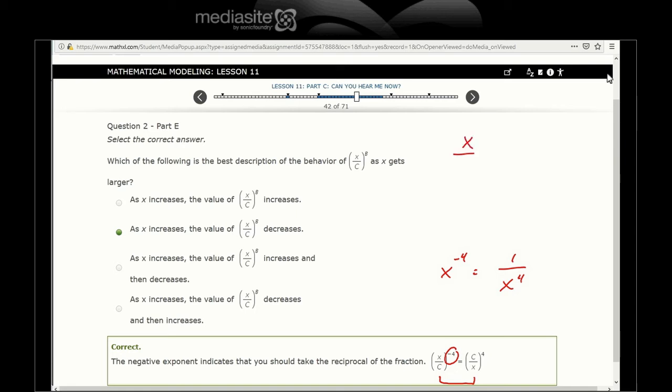So if x over c increases as x increases, therefore c over x, the reciprocal, is going to get smaller as x increases.